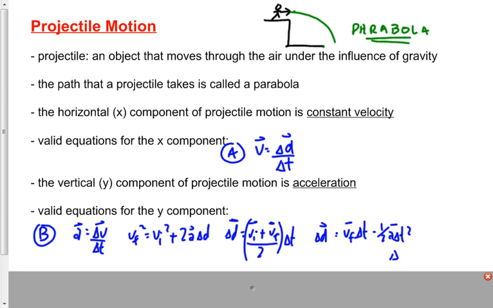And finally, d = vi·t + ½at². They're all valid because for the y component, they all involve acceleration.